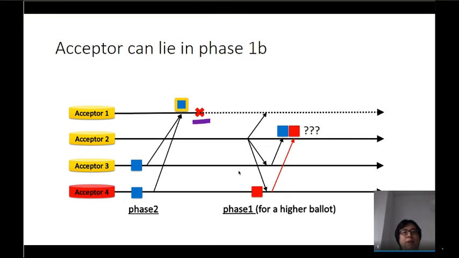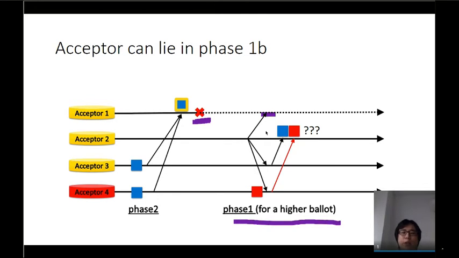After acceptor 1 finishes its ballot, it crashes. Now acceptor 2 comes out and tries to discover what value has been chosen before by redoing these two phases for the next ballot. In phase 1, it sends a phase 1A message to everyone else.